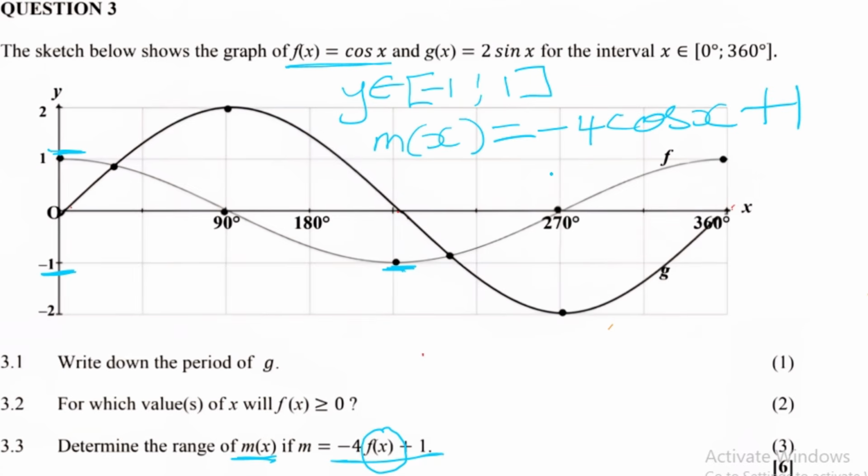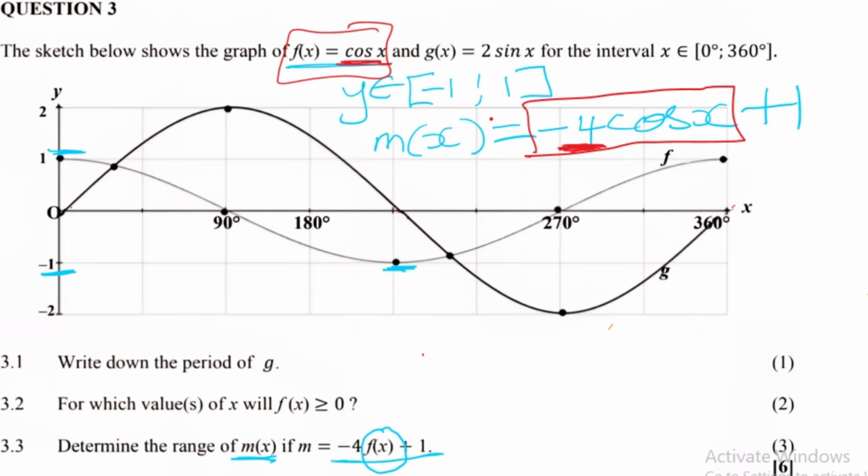Now let us talk about this. If you are having this part only, the difference between what we have here and the original is just this -4, and this -4 is just a factor. They are just multiplying the original f of x by -4.